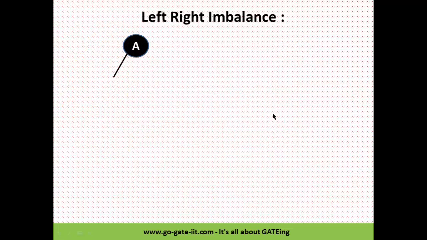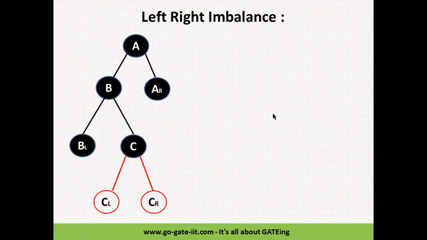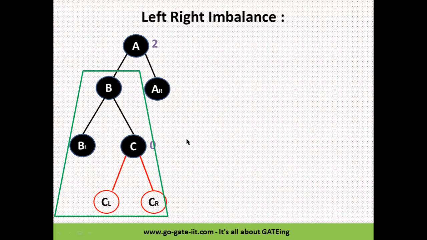Similarly works the left right imbalance. Here the imbalance occurs on the left and then right side, so that's why the name is left right imbalance. In a similar way as the right left imbalance, we will consider the area where the inserted nodes have been added.